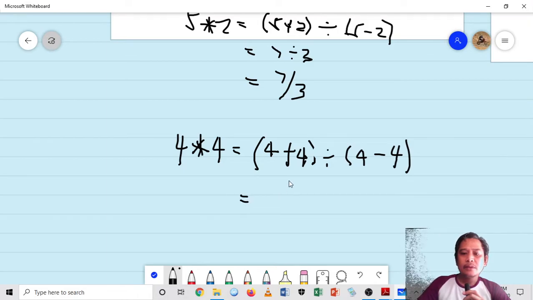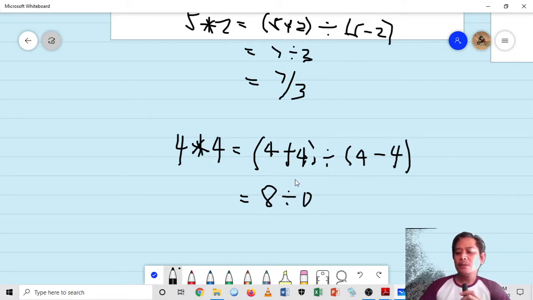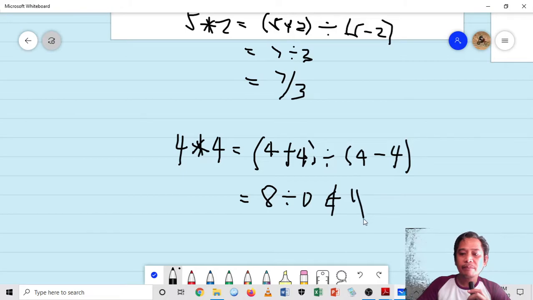So we would have 8 divided by 0. But we know that division is not defined when the divisor is 0. So the answer is not even a real number. Hence, it is not an integer. The answer does not exist and it is not a real number.